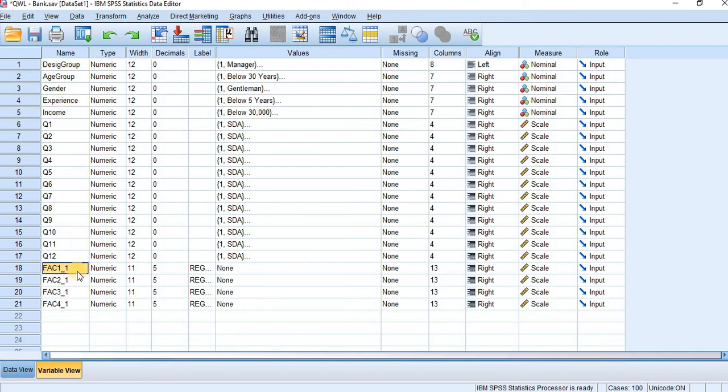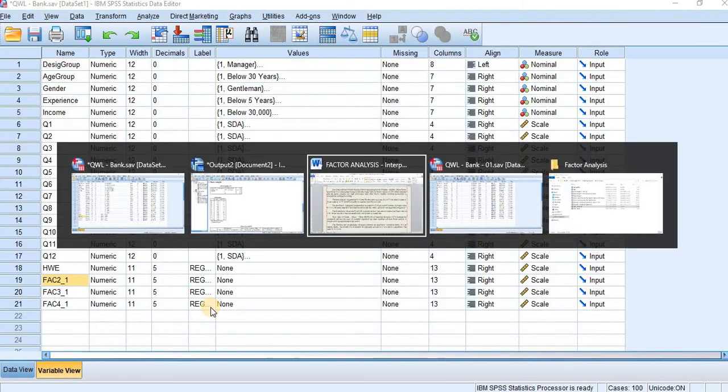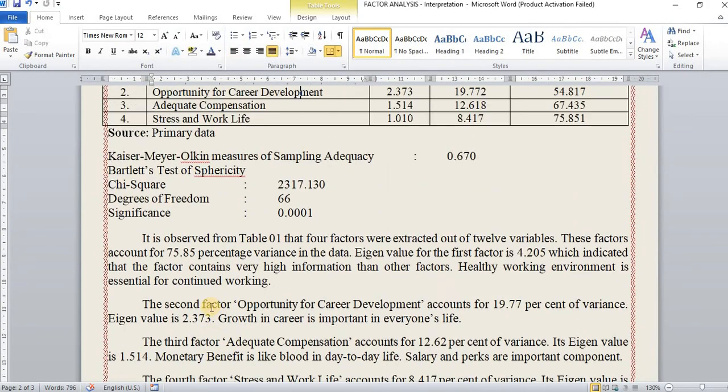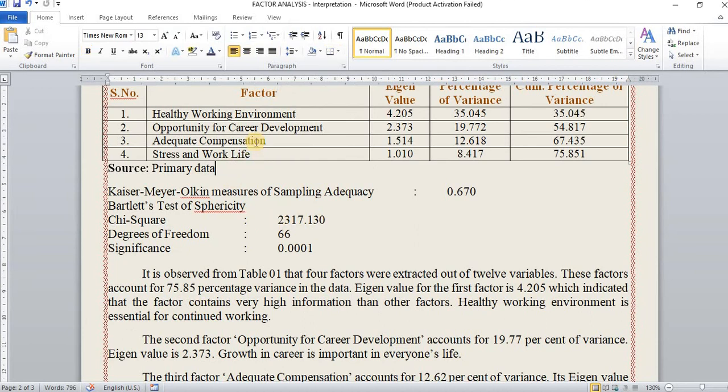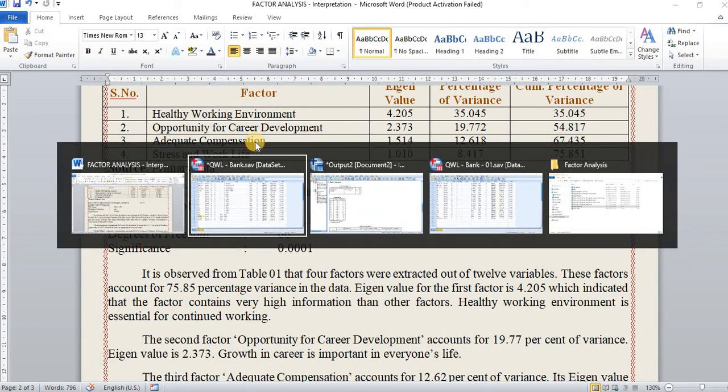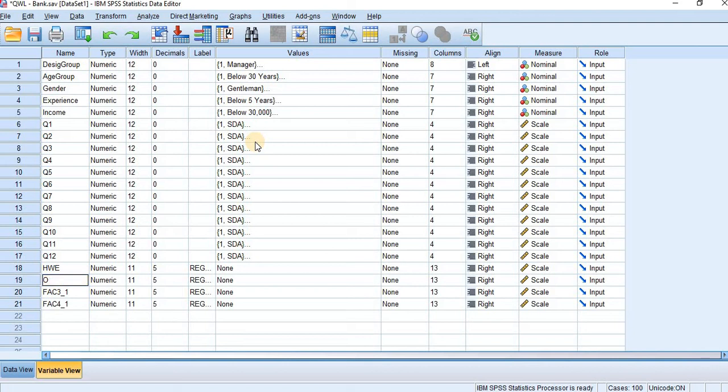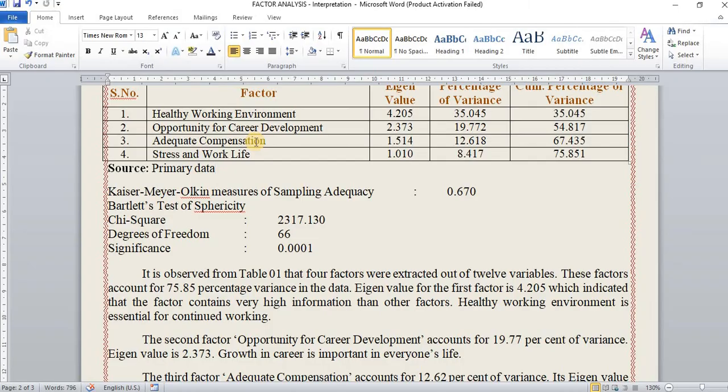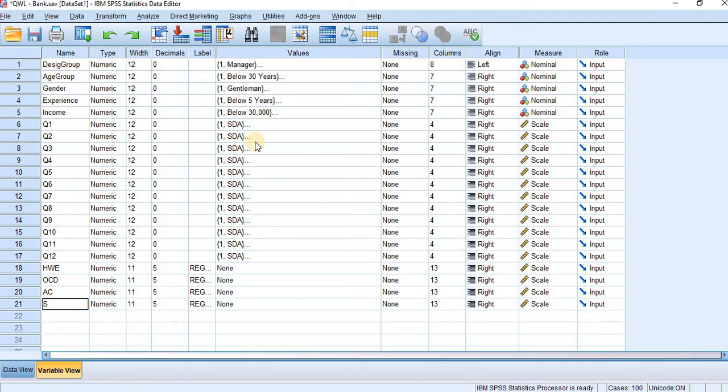First factor, healthy working environment. And the second factor, opportunity for career development. Third is adequate compensation, that is monetary benefit. And fourth is stress and work life. There are 4 factors we have created.